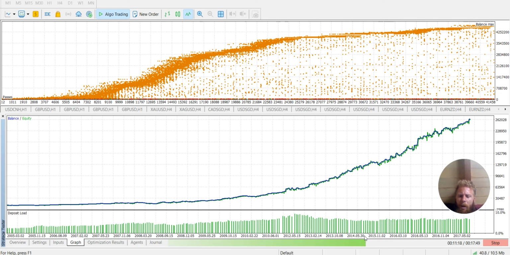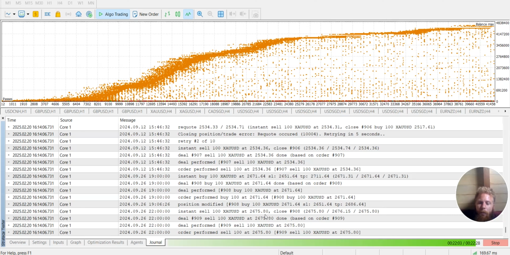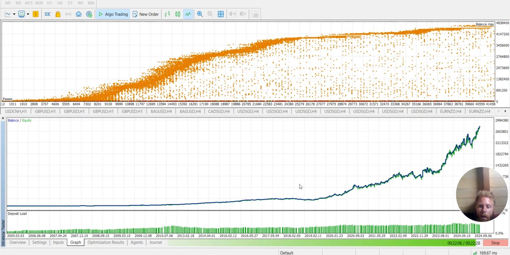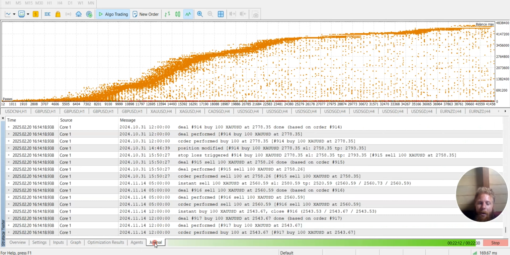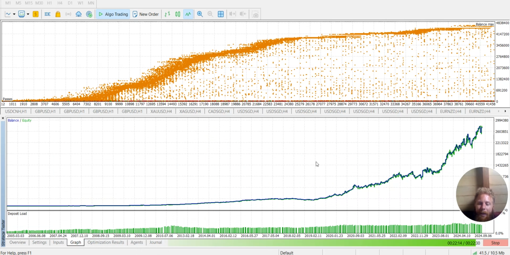But yeah, we are at 2015, so let's just wait a little bit more. We are almost there. As you see, it's almost the end. It took forever. Just one single test with every tick data.